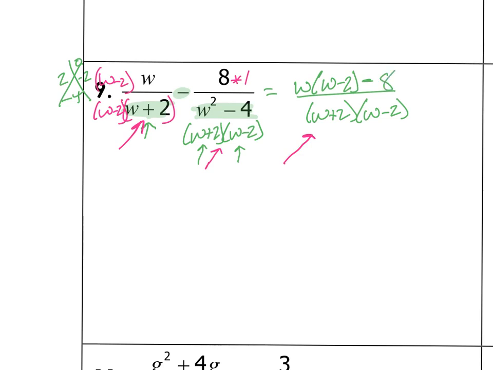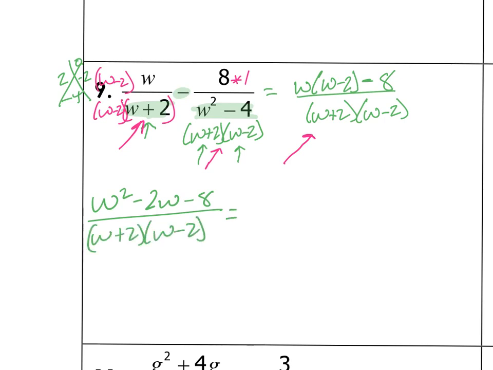Let's multiply everything out. So I get w squared minus 2w minus 8 all over w plus 2 times w minus 2. Then I'm going to factor. I need two numbers that multiply to be negative 8 and add to be negative 2. That's 4 and 2, and since the sum is negative, the bigger number needs to be negative.